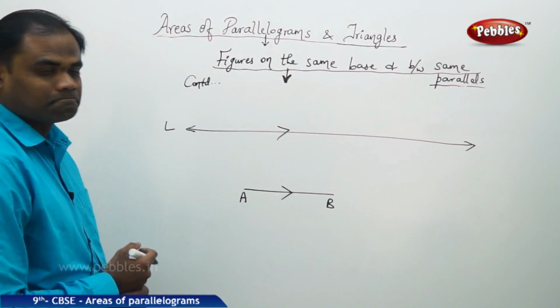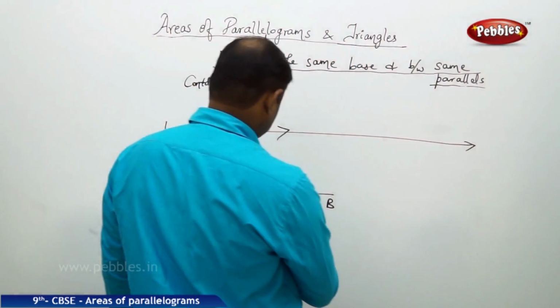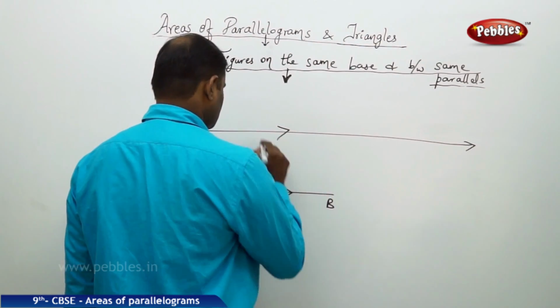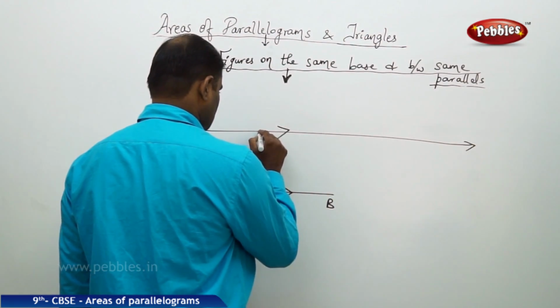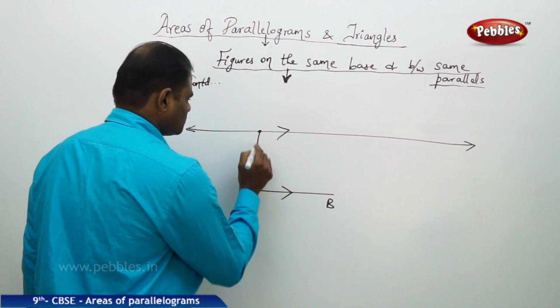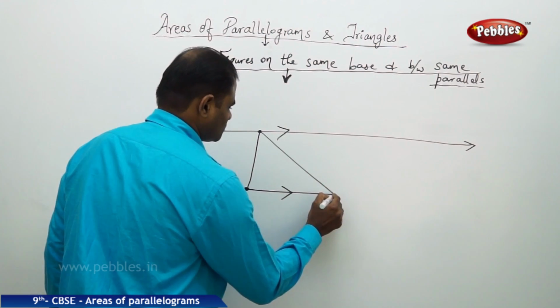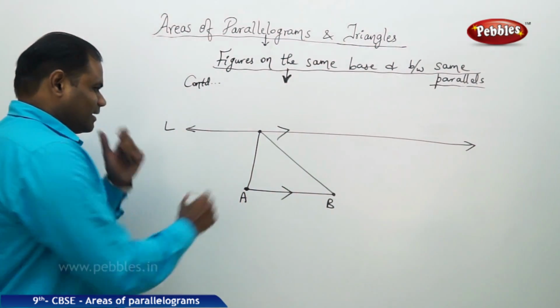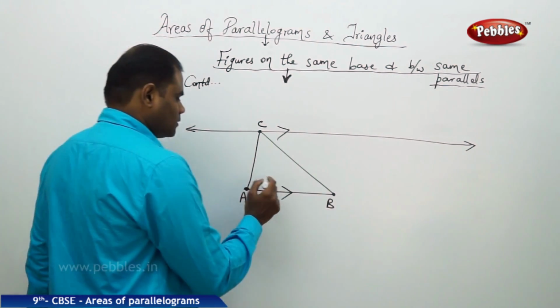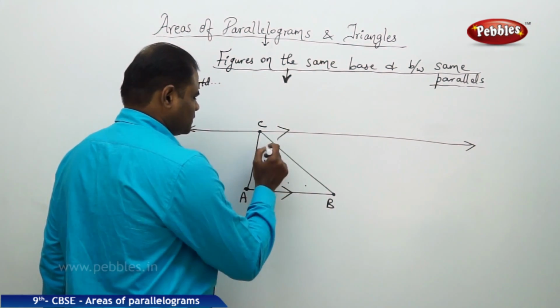Now here let's connect, say I have a point C which makes the region ABC.